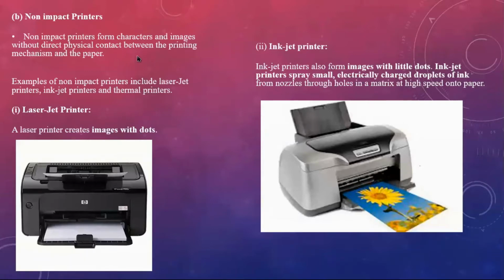The non-impact printers form characters and images without direct physical contact between the printing mechanism and the paper, just like we saw in the impact printers. The examples include the inkjet printers, the thermal printers, and the laserjet printers. We're also going to go through these one by one. This will be where we shall end our lesson for today after I'm done explaining the laserjet printers.